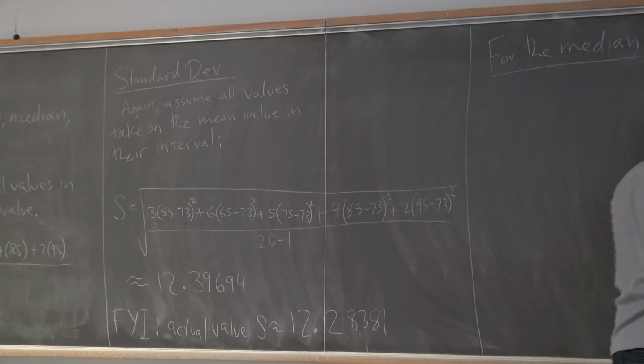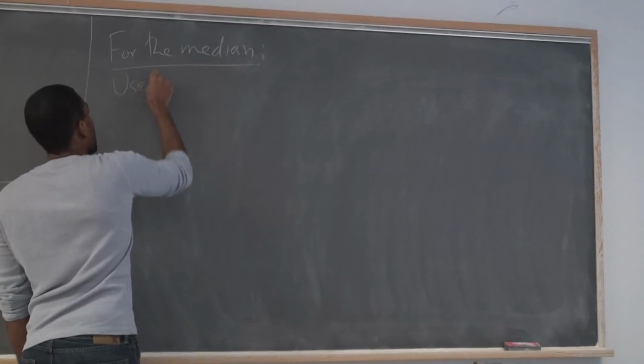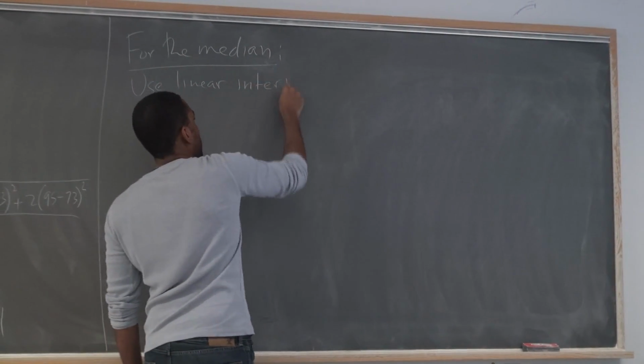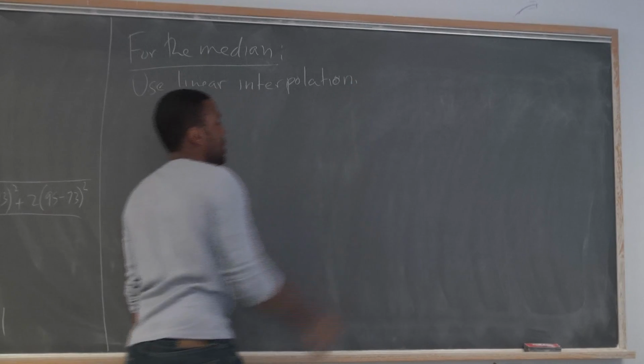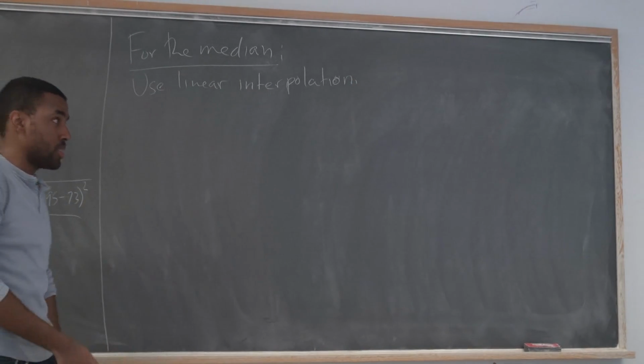For the median, we're going to change our strategy a little bit. We're going to use linear interpolation. Sounds fancy. Basically it means that we're assuming all the points in the interval fall on a straight line and they're evenly spaced.